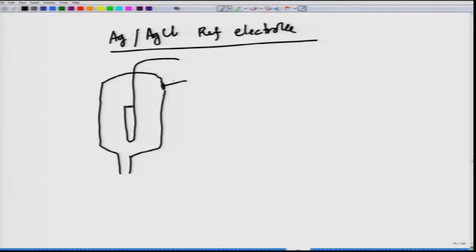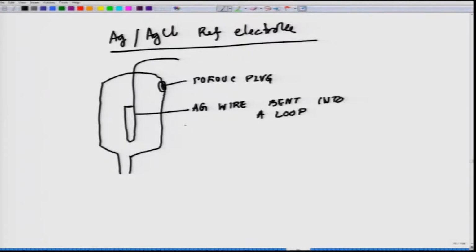There is a porous plug, AgCl electrode, and Ag wire bent into a loop. Okay.